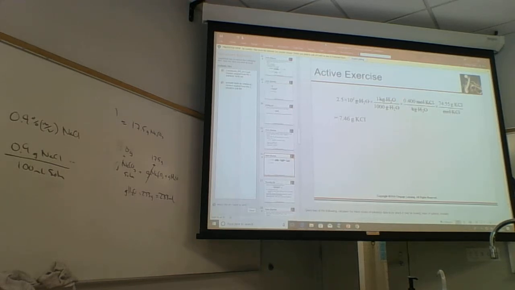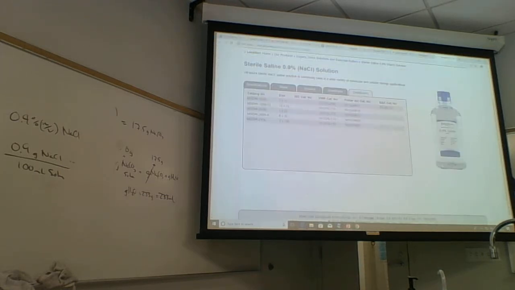Yes, there is. But the percentage would be 36. It'd be 36% M over V. So we could see what it is here.